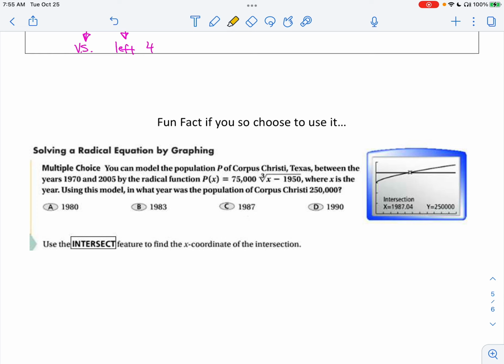This is a word problem. If you are ever given an equation and they ask you to evaluate for the value of y, like this one is population, and x represents what year it is. They said, what year is it when there are 250,000 people?